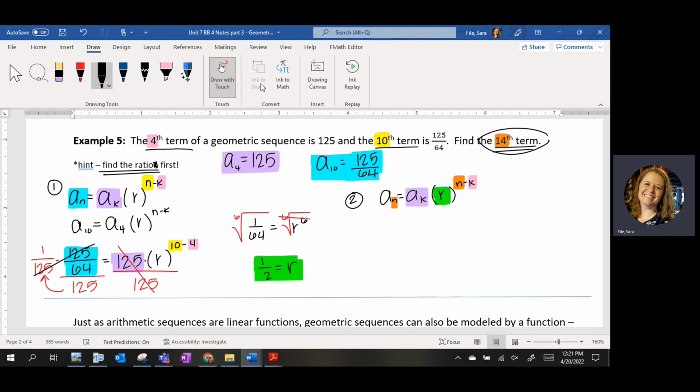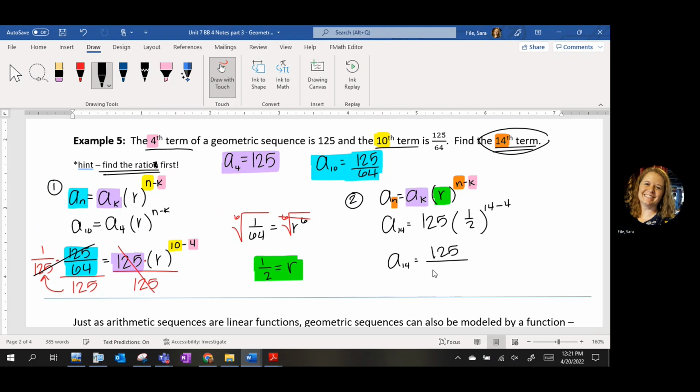So I can use those same values. The only thing now is I don't know the A sub 14. I got 125 times 1/2 to the 14 minus 4. So that is 1/2 to the 10th power times 125. So the 14th term is 125 over 1,024. That's what that comes out to.